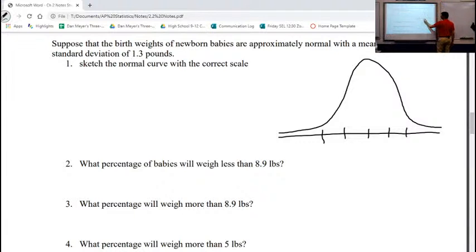Here's where we put the mean. What was the mean? 7.6. And then we're going to go 2 standard deviations above, 2 standard deviations below.